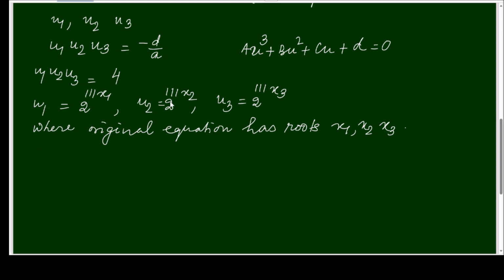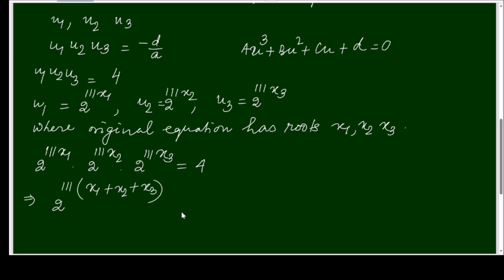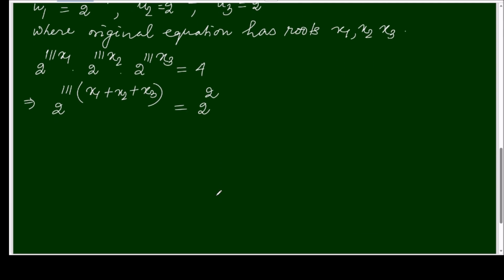So placing x1, x2, x3 in place of u1, u2, u3 we get 2 to the power 111x1 into 2 to the power 111x2 into 2 to the power 111x3 equals 4. Now on simplifying, taking 111 common, I get 2 to the power 111 times x1 plus x2 plus x3 equals 4, which means 2 to the power 2. Now comparing the exponents because they have the same base, you can write 111 times x1 plus x2 plus x3 equals 2.